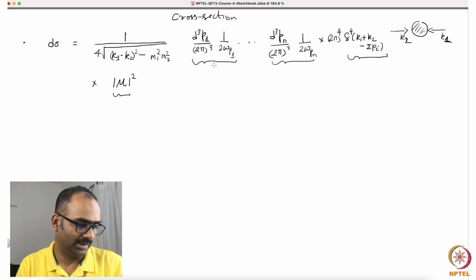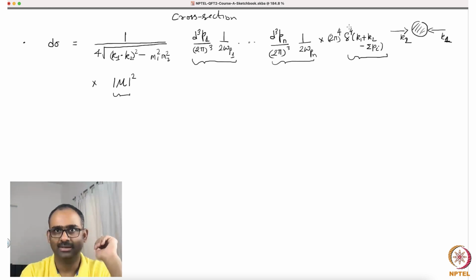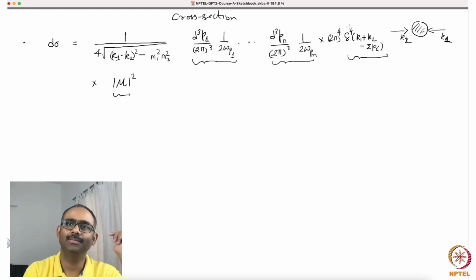This is the same state. The particles are indistinguishable, but the way this has been set up, it counts as if they were distinguishable. You are tracking the momenta of each of these particles. So I will be overcounting the number of such states, and I should multiply by 1 over n factorial if you have n particles in the final state.